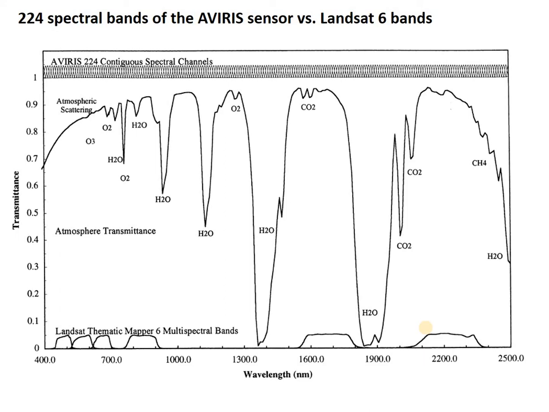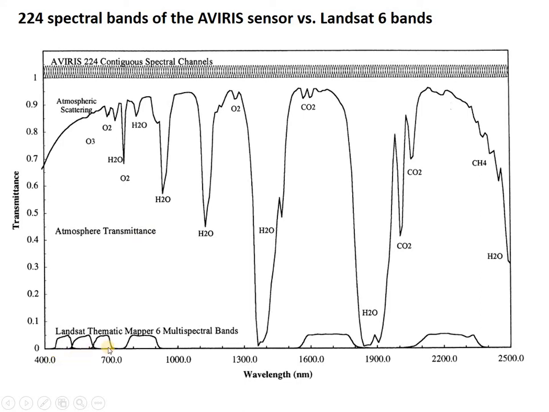And so here's an example of what the data looks like. It's a spectral reflectance curve here, or an atmospheric transmission curve. Here's wavelength across the bottom, and 224 spectral bands for AVIRIS. They're so narrow they can hardly even be displayed here, right? They're just sampling the spectral reflectance curve into very tiny intervals.